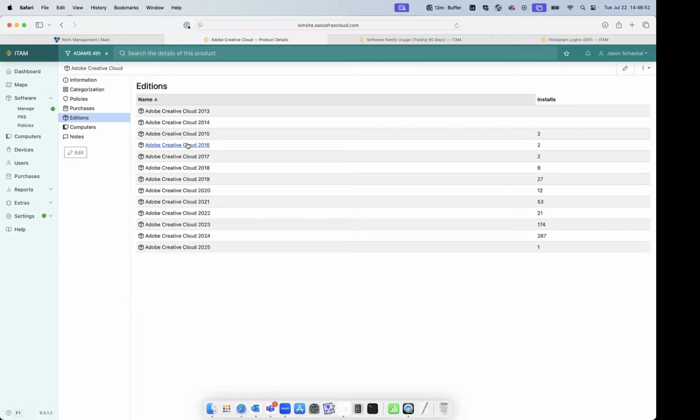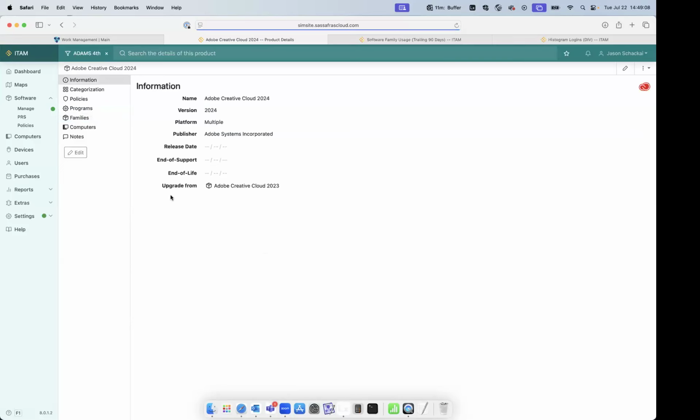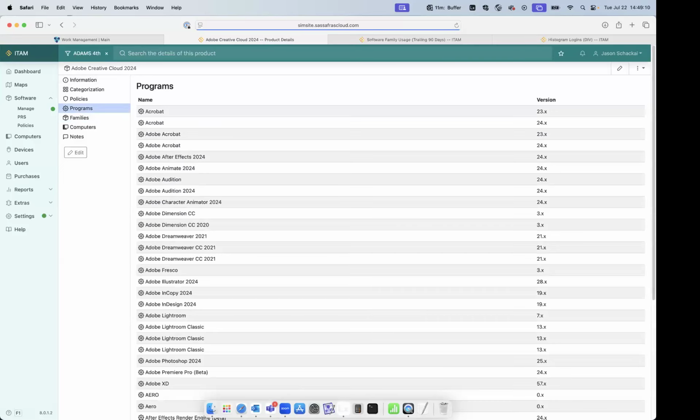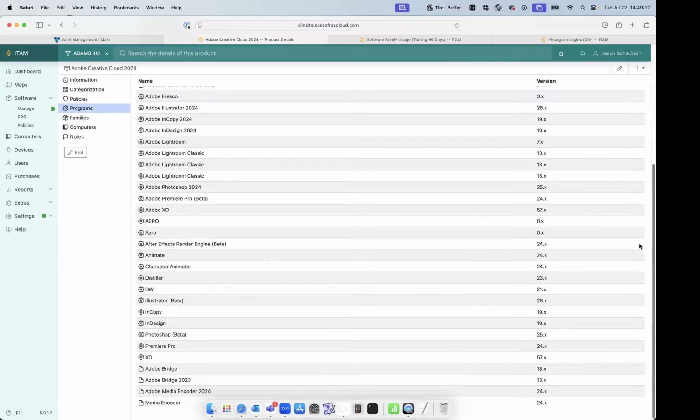I could click in and see the specific computers. I could select these and run a report to get a list of computers that have those older versions. And I can keep track of that view of what's out there. But I can drill in a little bit further as well to this product and see exactly which applications are part of that product.